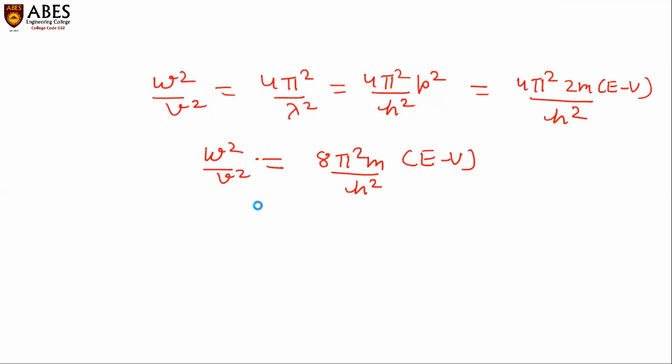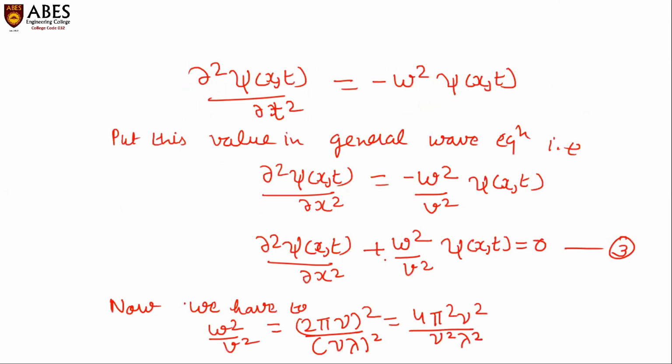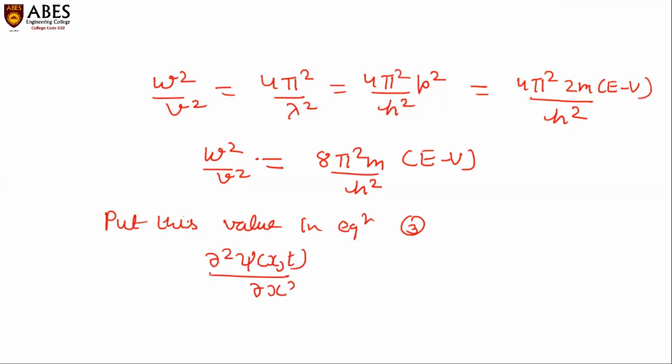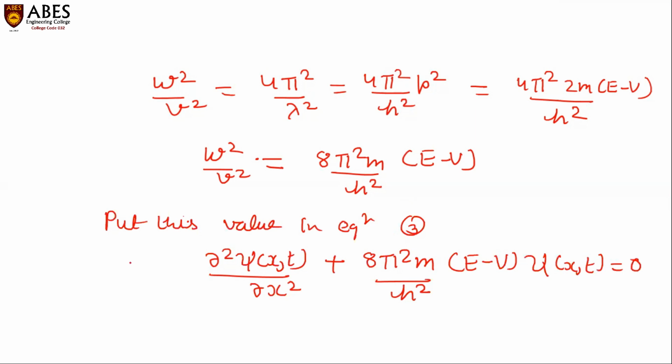Put this value in equation 3. We get del square psi(x,t) over del x square plus, since omega square over v square is 8 pi square m(E minus V) over h square, 8 pi square m over h square (E minus V) psi(x,t) is equal to 0.